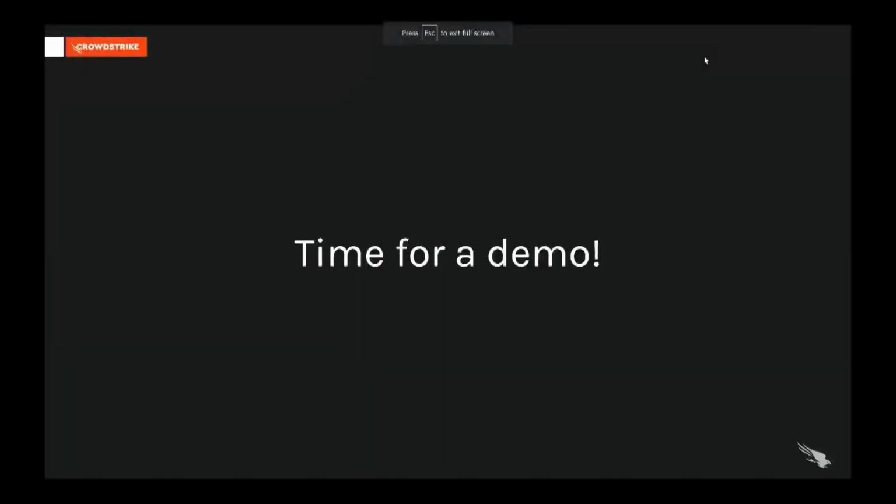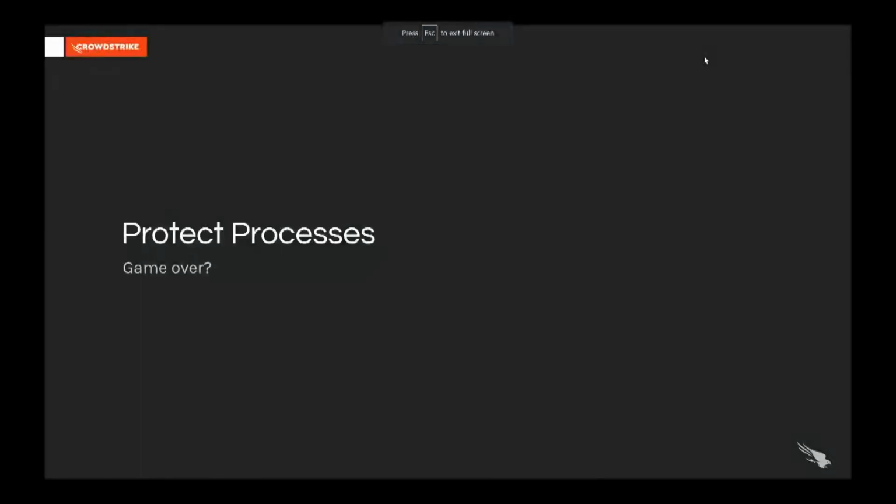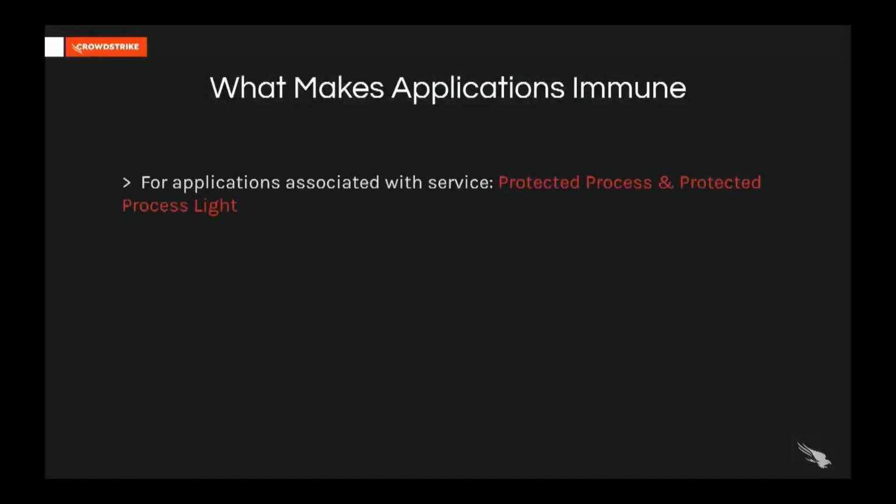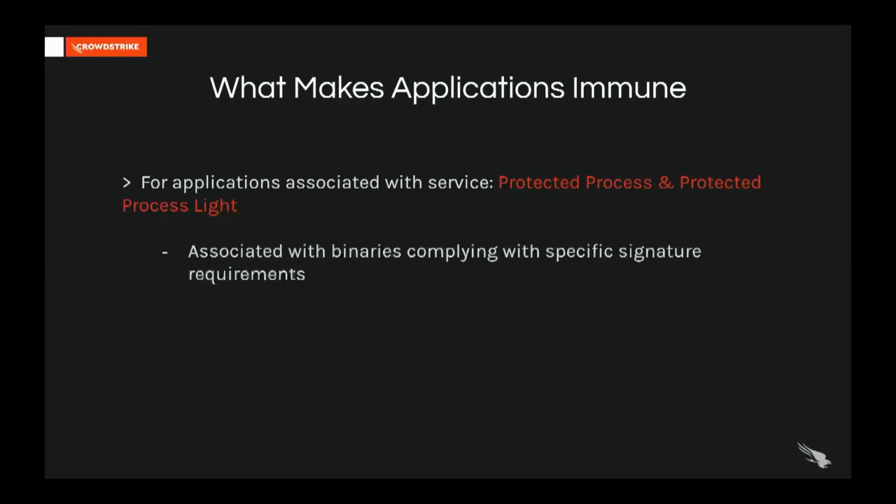So fortunately, malicious authors cannot do that with Windows processes or processes that are essential for the system. So let's see what makes applications immune against that. Well, for applications associated with processes, for the really important processes of the system, protected process and protected process light will prevent them from getting shut down this way.